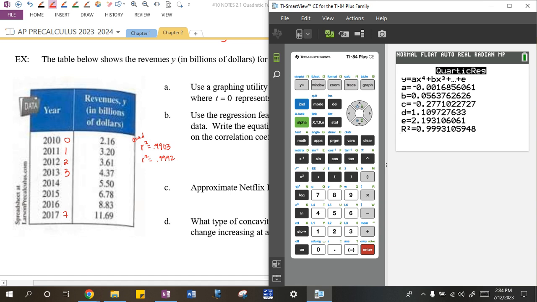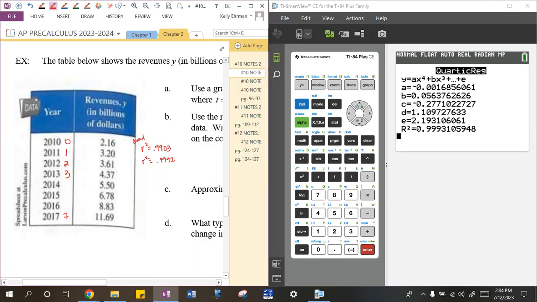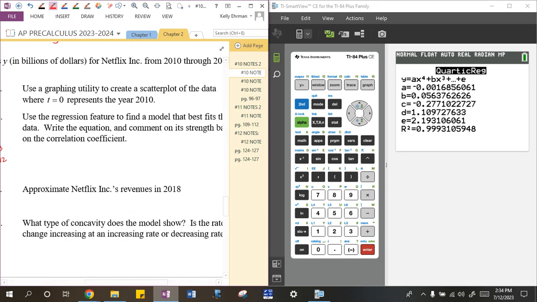Because I don't have a ton of space, I'll round to maybe 6 places. Usually that's what we can do in AP if we are not wanting to write out a million decimal places.